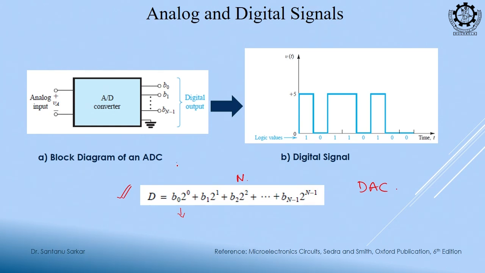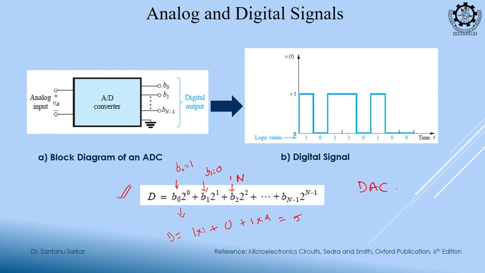Suppose this bit B0 is equal to 1, then D is equal to 1 into 2 to the power 0, which is equal to 1, plus suppose this B1 is 0, 0 into 2 to the power 1, and so on. So, whichever bit is 0 or 1, correspondingly we can take the total value, okay, and ultimately suppose this is 1. So, 1 into 2 to the power 2 is equal to 4, and suppose the rest of the bits are zeros. So, what we arrived at is 5, clear.